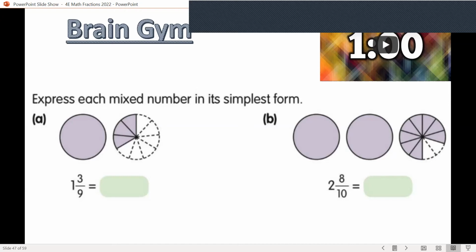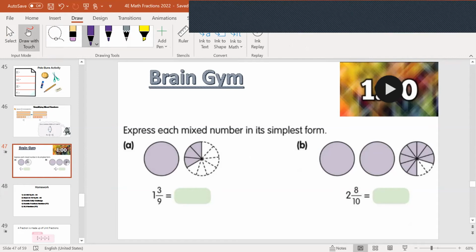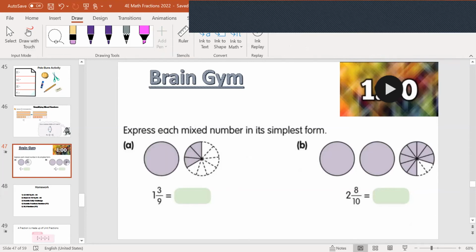Okay, and then you have 2 8/10. Is that okay? So if I take my pen here, I highlight the color, say pink. So over here I'm grouping it into thirds instead.